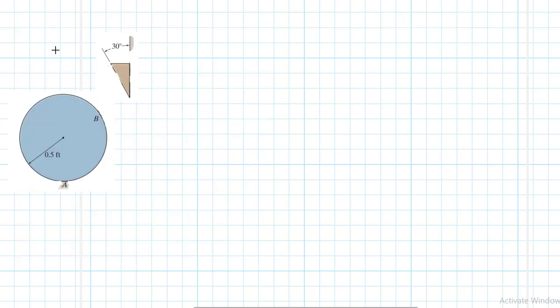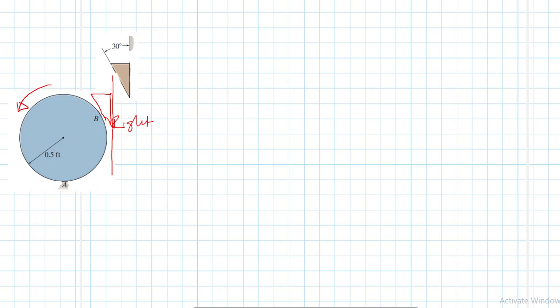So let's start at point A. On the right-hand side of this cylinder there is the wall, and also the wedge that we are placing in between. We expect that if this cylinder was to move, it has to rotate clockwise like this, which means it is moving towards the left.